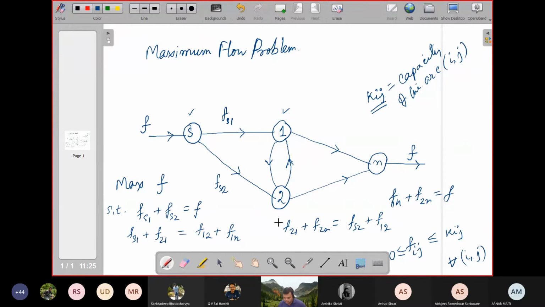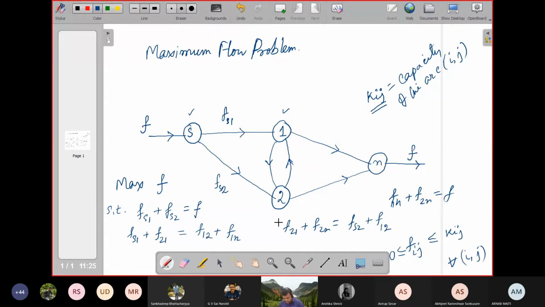You will get the maximum flow that is possible, right? Although nowadays computational power and software are available, you can code it in some software like Simplex or any other software, and get the solution very quickly for small problems.